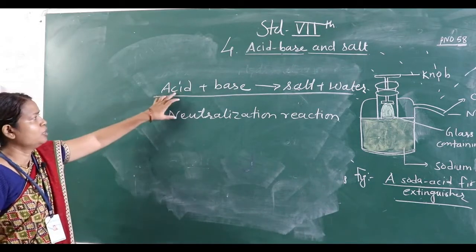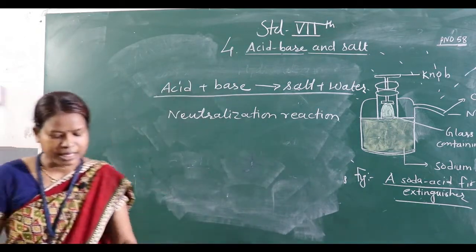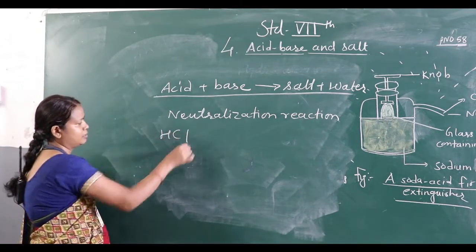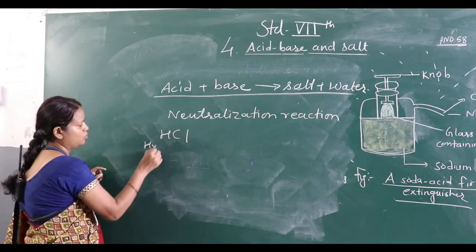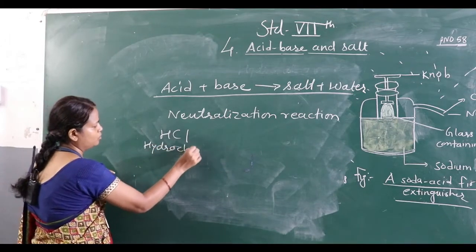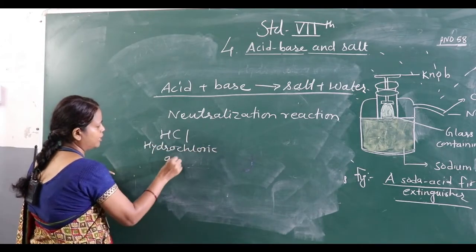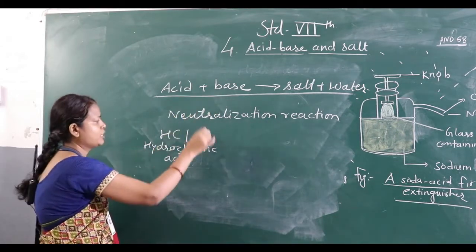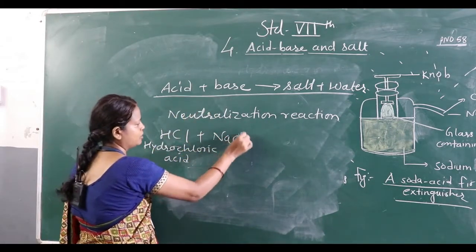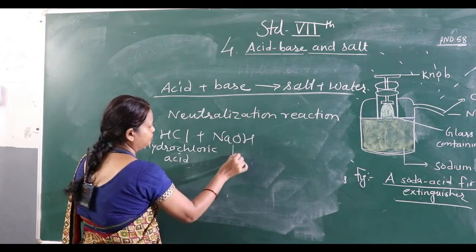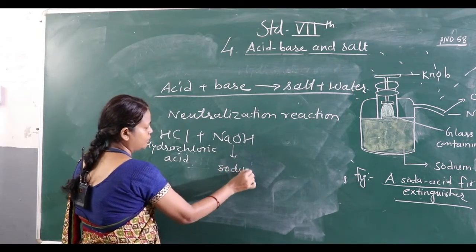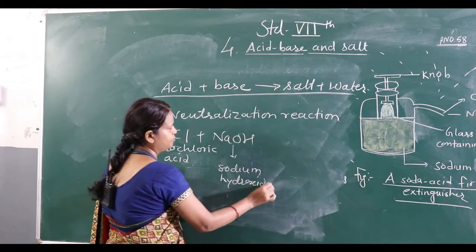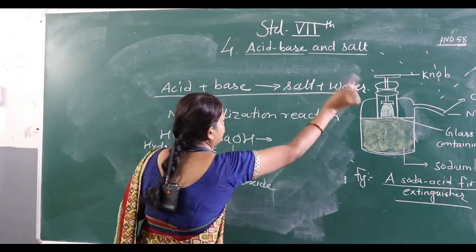Now suppose, for example, we have one acid present, that is hydrochloric acid, HCl. Hydrochloric acid plus, we take any base, for example, I am taking NaOH, that is sodium hydroxide. It will give you salt and water.